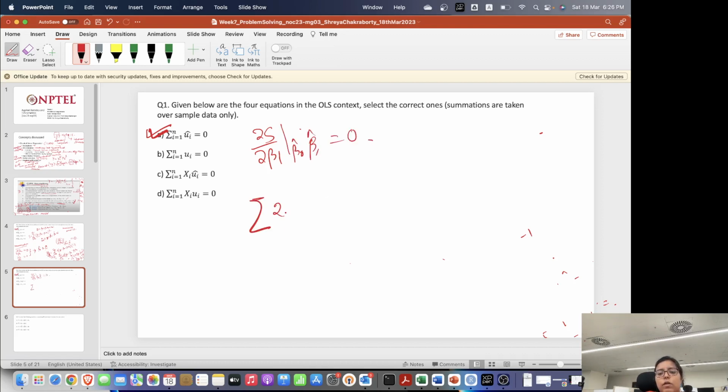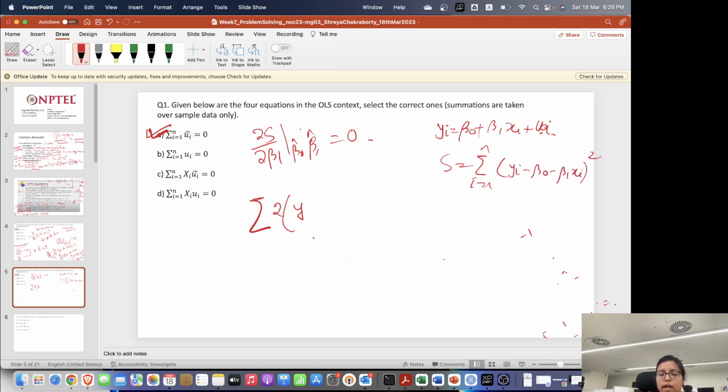Our model is yi equals beta naught plus beta 1 xi plus ui, and S is summation i equal to 1 to n of yi minus beta naught minus beta 1 xi, squared.